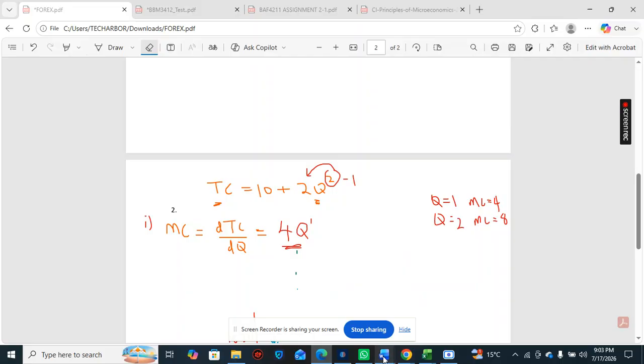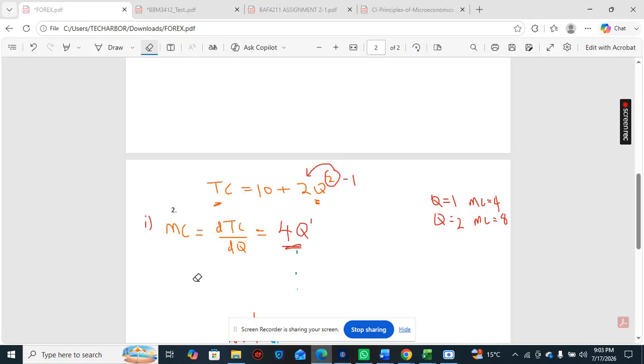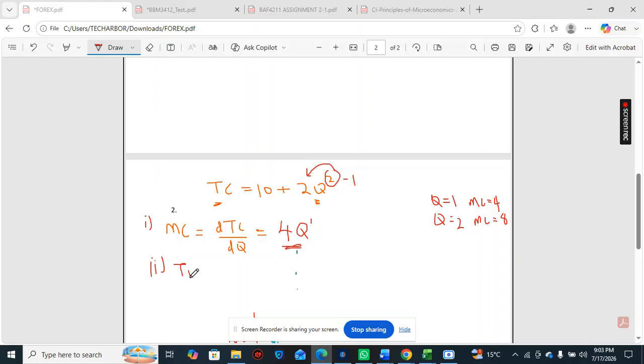All right, we go to the next part. It says, derive the total revenue and profit functions. All right, so total revenue function. So total revenue, TR, total revenue, remember it is price times quantity.